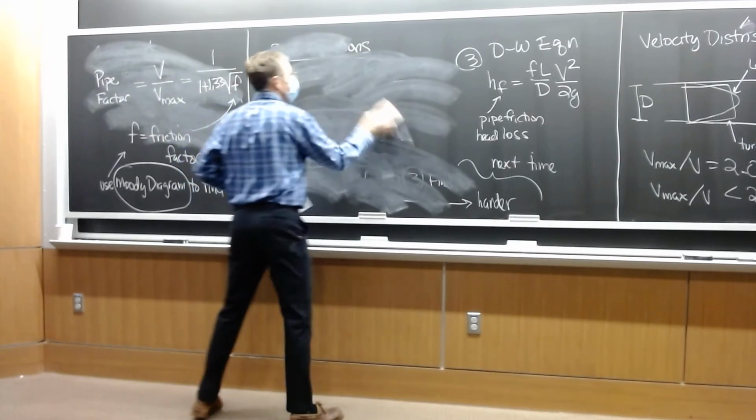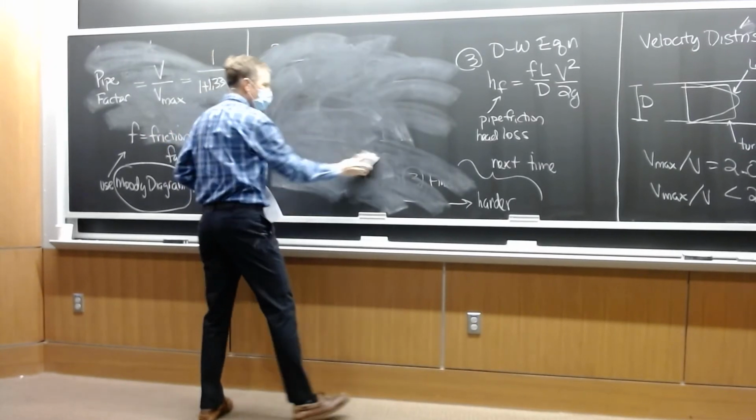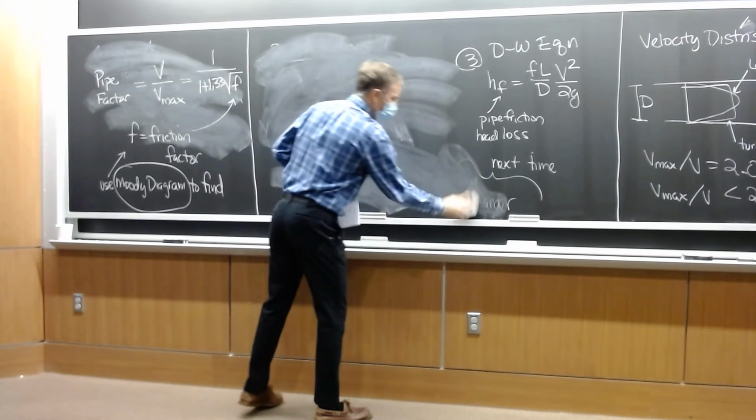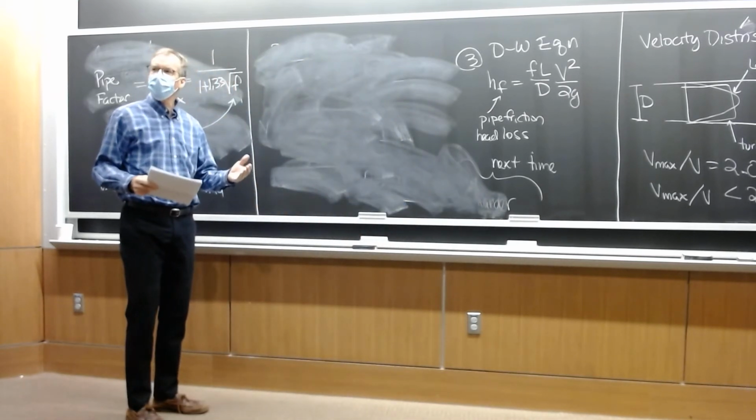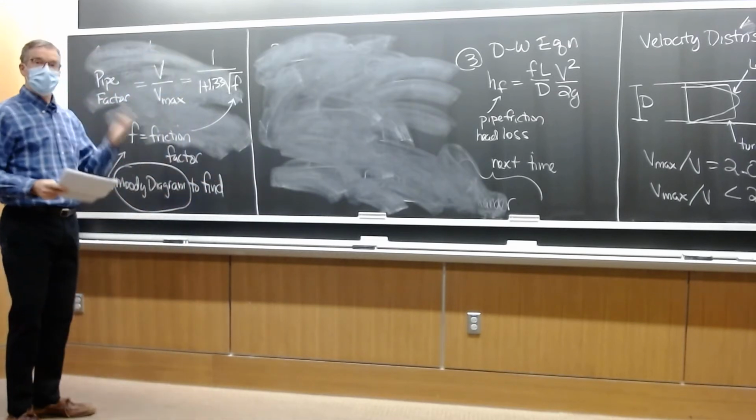Something I don't see mentioned in this textbook, but I know that it's something that might come up, is the possibility of pipes that aren't circular.